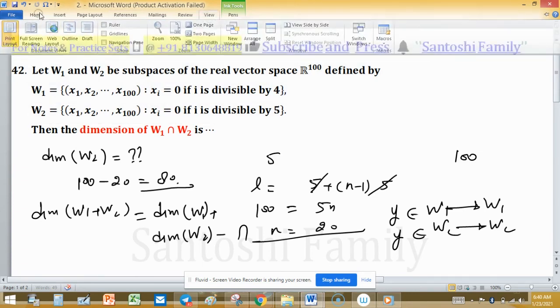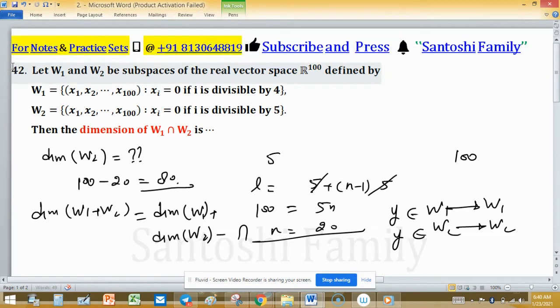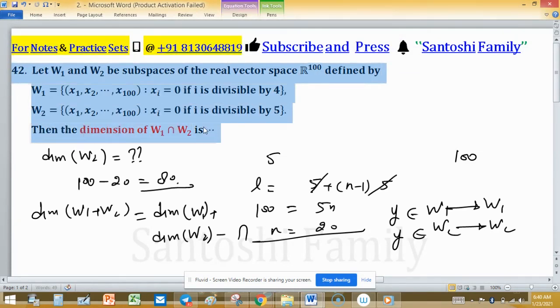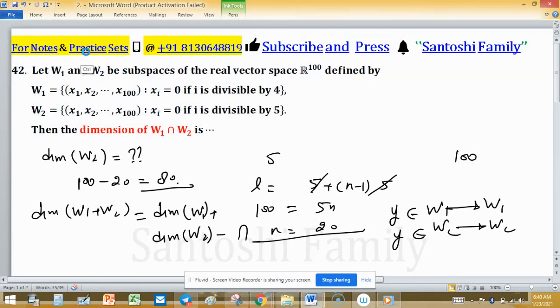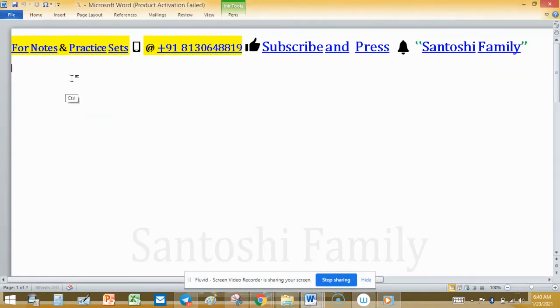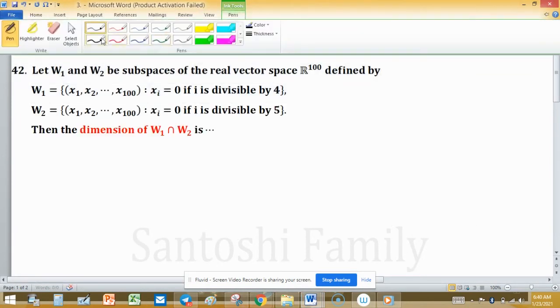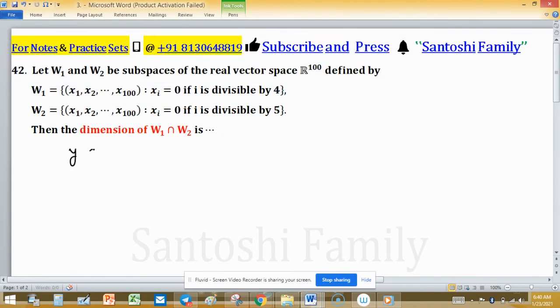So as we are saying, to find the dimension of the common part, the properties of W1 and W2 are based on xi, and the xi are zeros.